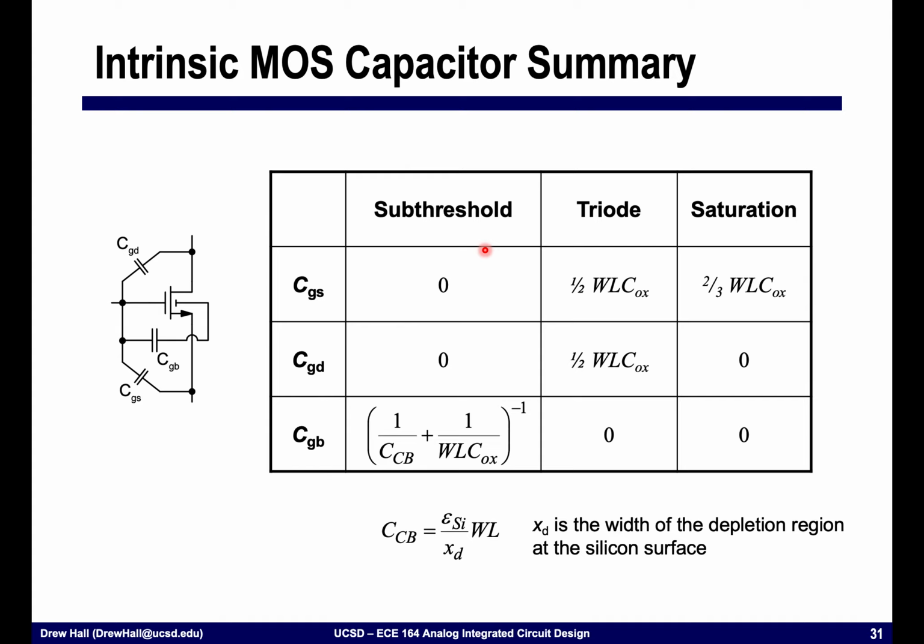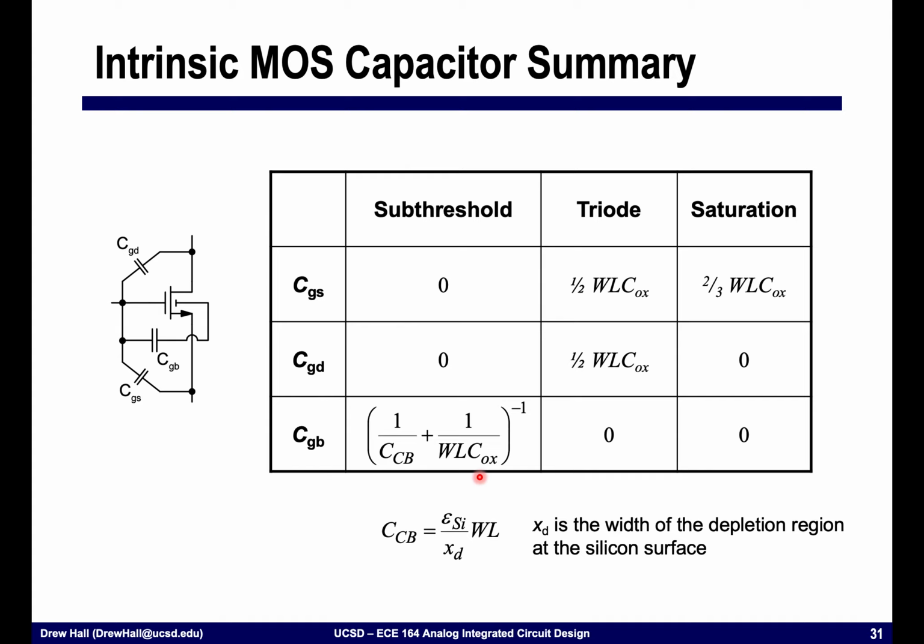All right, so to summarize, the intrinsic capacitances of the device in subthreshold or in cutoff: I have no CGS, no CGD, and my gate to body capacitance is the series combination of CGC and CCB, where CCB is defined as the parallel plate capacitance with this diffusion width, and WL times Cox is the gate capacitance.